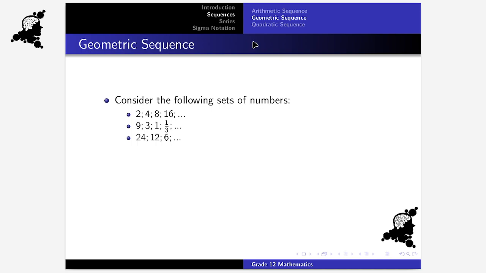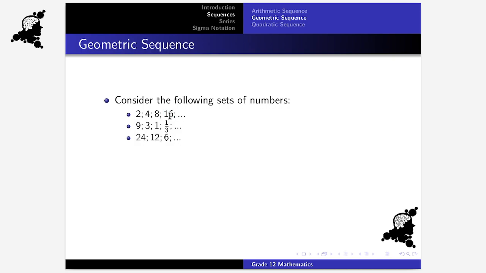Assuming that you actually have paused the video and looked at it, which I really advise that you do, for the sake of following along and also to expand your own thinking capacity, you would realize that in the first sequence, all of these terms are powers of 2. 2 times 2 gives me 4. 4 times 2 gives me 8. 8 times 2 gives me 16.